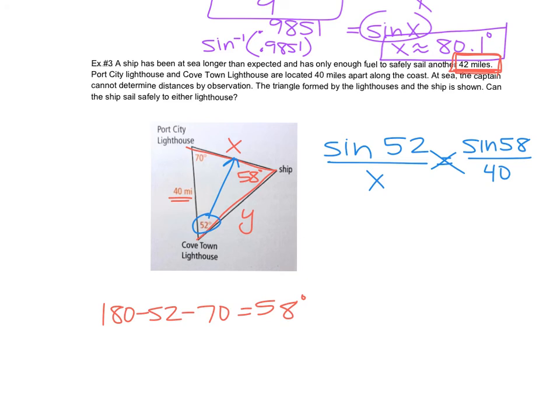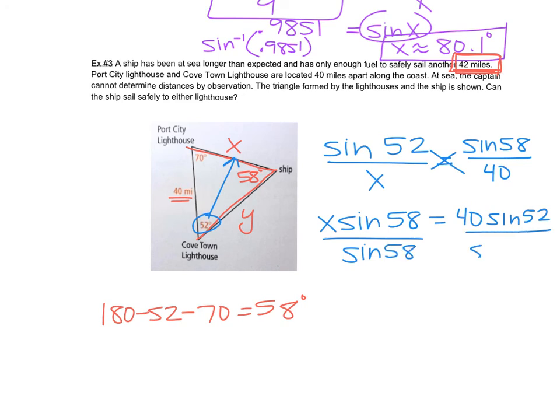And then we'll cross multiply it. So it's x sine 58 is equal to 40 sine 52. How do we solve that? Divide. So we're going to divide by sine 58 and divide by sine 58.